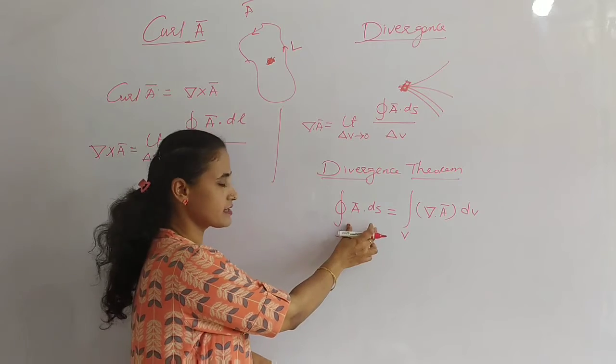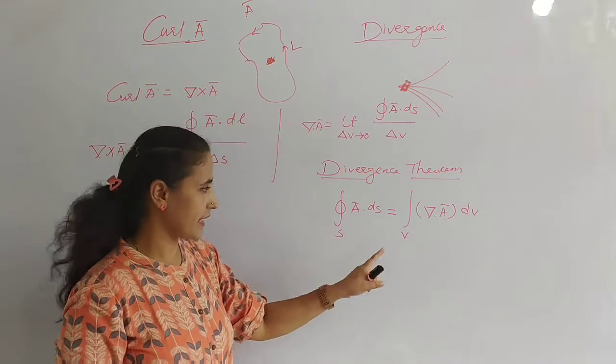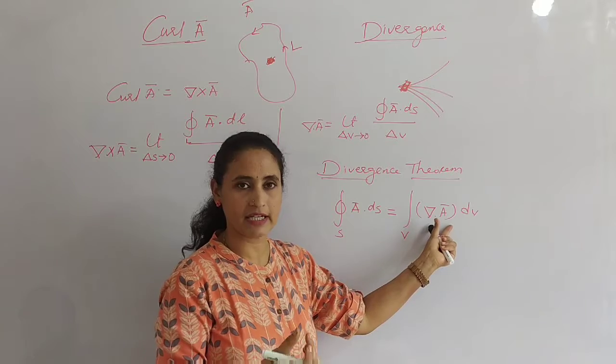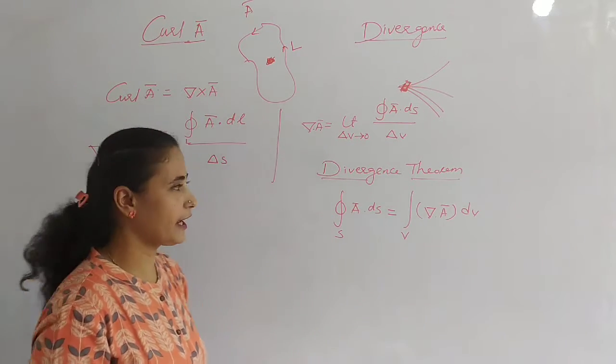The flux passing through a closed surface, which is A bar dot ds, is equal to the volume integral of divergence of A bar dv. We already stated and proved this in the previous classes. The flux passing through the closed surface is equal to the volume integral of divergence of vector field A bar dv.